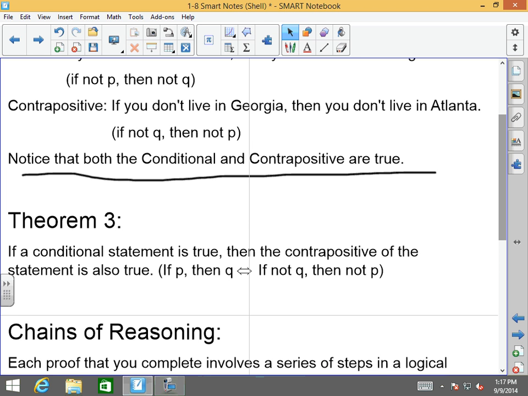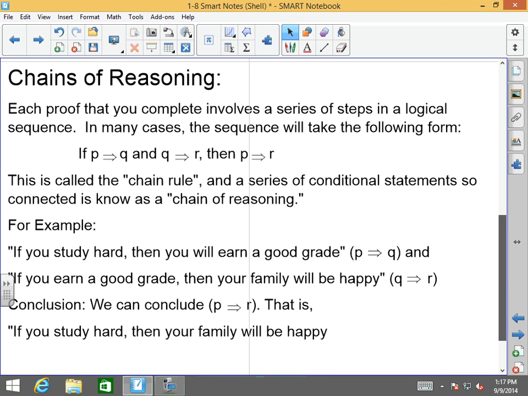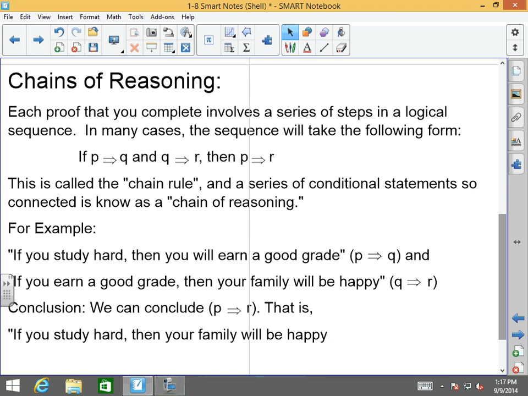Chain of reasoning. Okay. Chains of reasoning are quite fun. Each proof that you complete involves a series of steps in a logical sequence. In many cases, my friends, the sequence will take the following form.